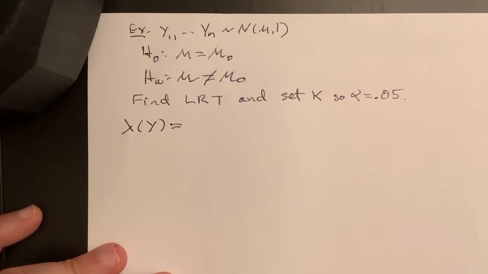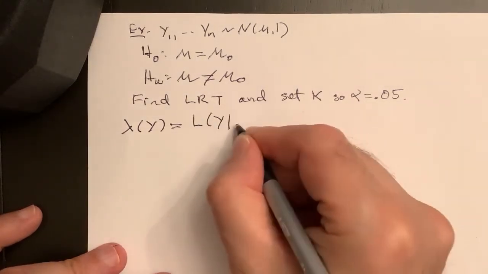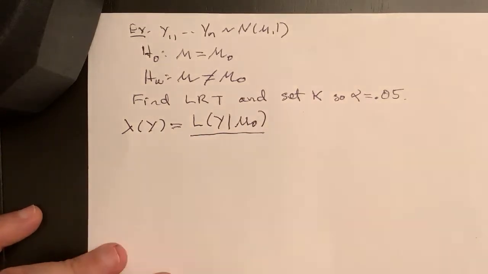That's right, just one value. So the numerator is just the likelihood of the sample y evaluated at mu 0. Now the bottom, I can take, in this case, any real number because it's the composition of those two hypotheses, the union of them. So what value of mu would maximize the likelihood?